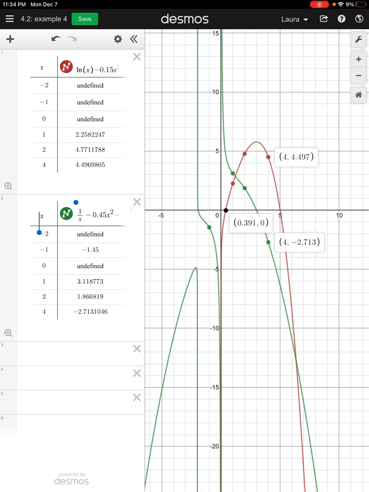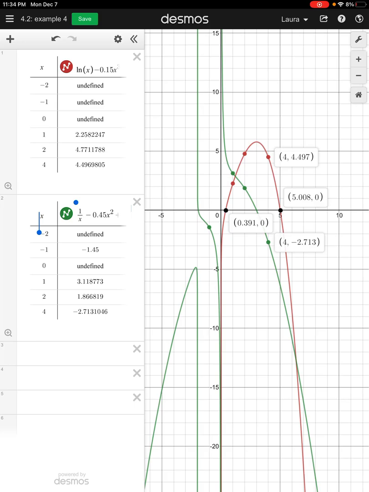It's at 0.391. And it also changes at 5.008. So on Desmos, you can just put your finger there, I think. I mean, I'm using my pointer, but you can just put that there and you've got your values.